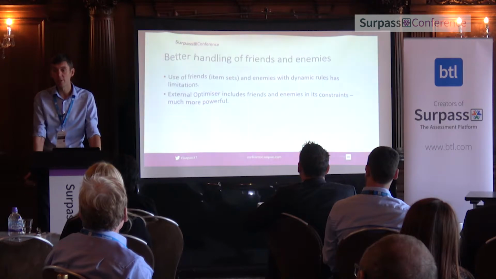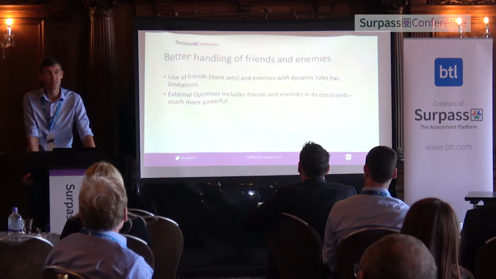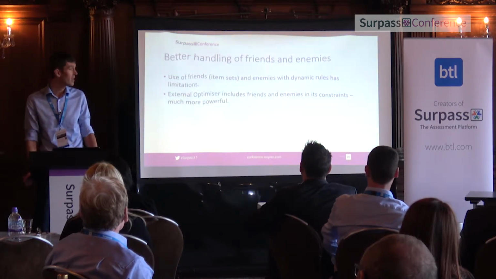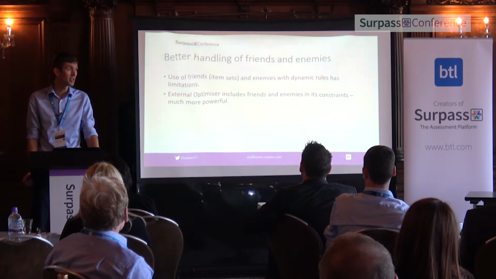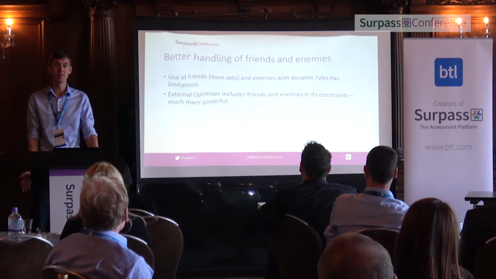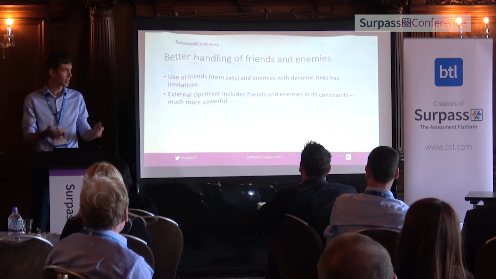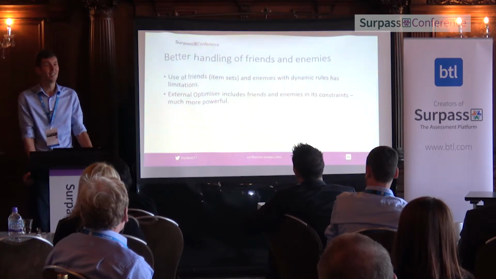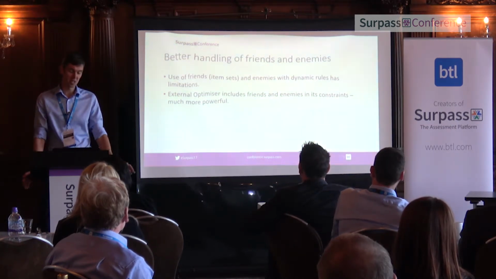In the External Optimiser, we build those friend-enemy relationships in from the start. So they go in as constraints. And if you've got relationships that are just impossible to meet, it will work that out straight away. It'll try once. It won't just keep trying and trying, essentially banging its head against a brick wall. It will just say straight away, you can't do it.